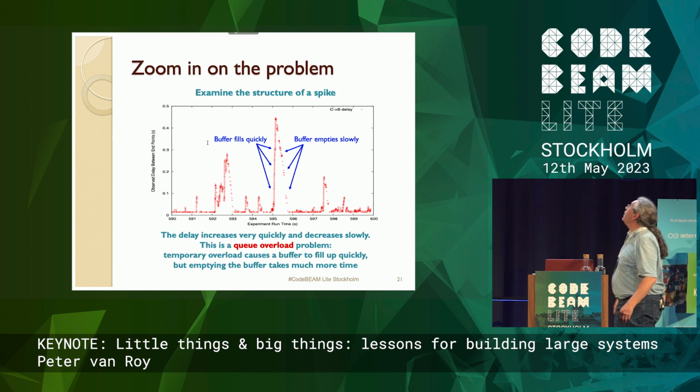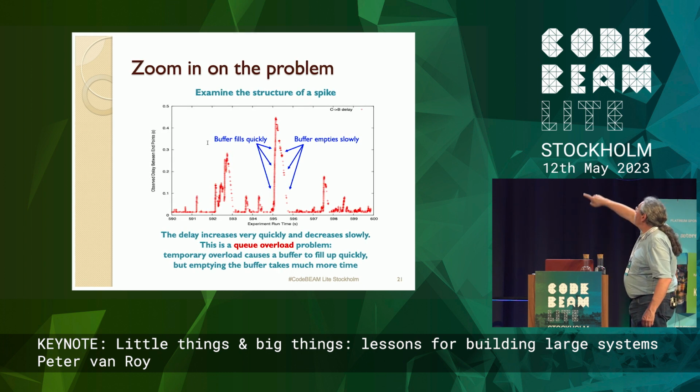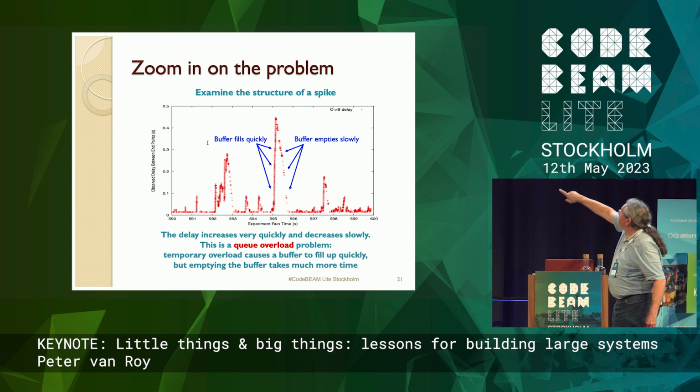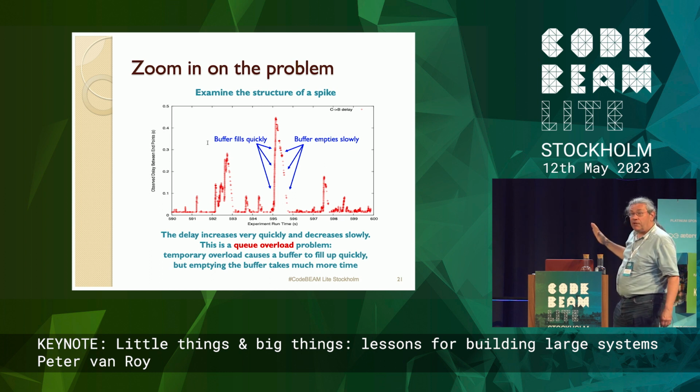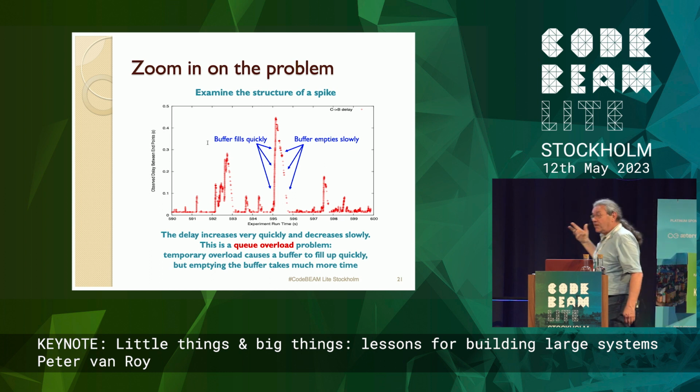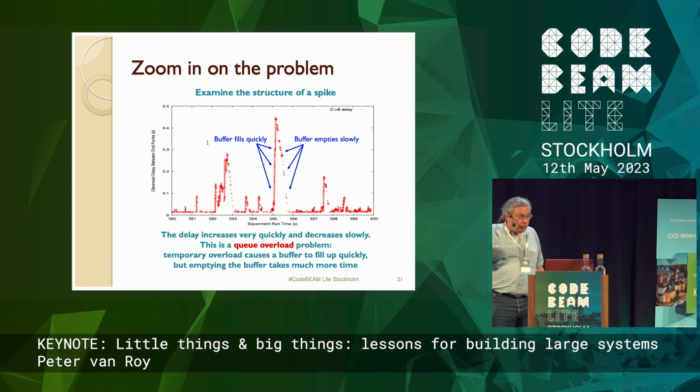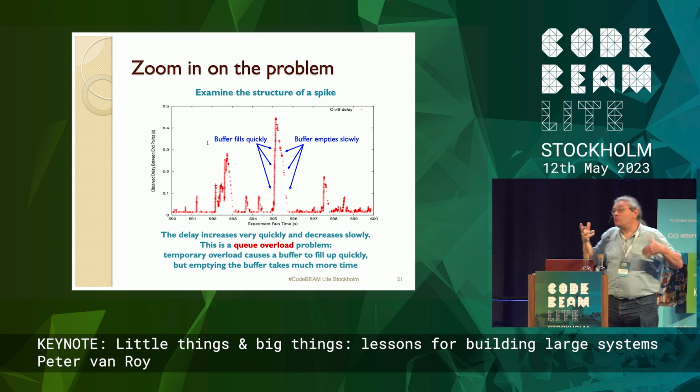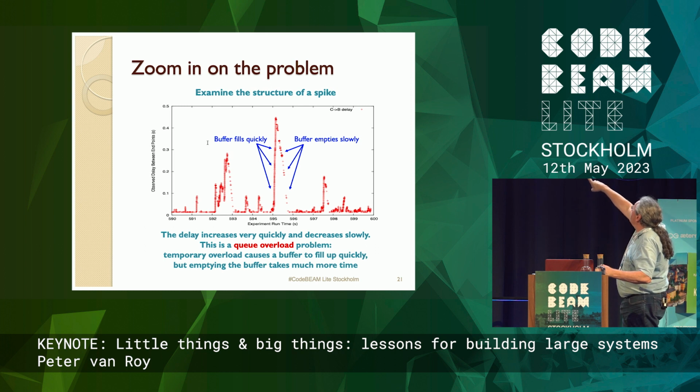So here is the explanation. If you look at the rising one at 595, it rises very fast. You see lots of packets, so it's basically filling a buffer. You have a temporary increase in load, causing many, many packets, much more than the queue the component can absorb. So they all go into the buffer.